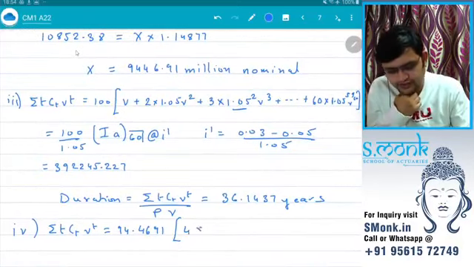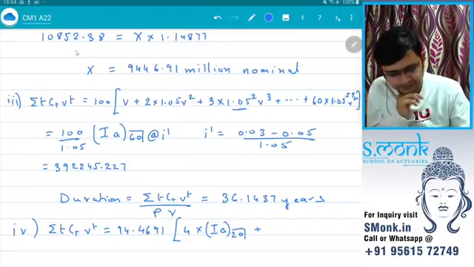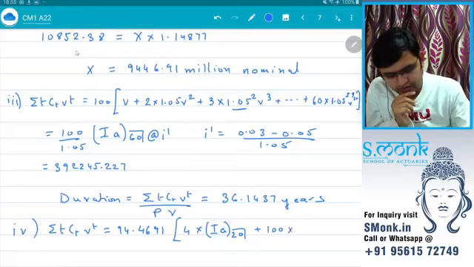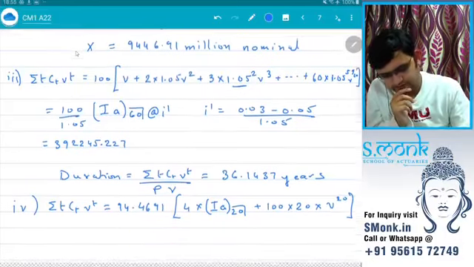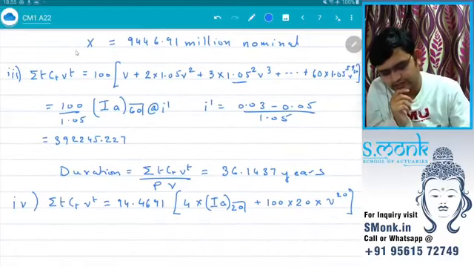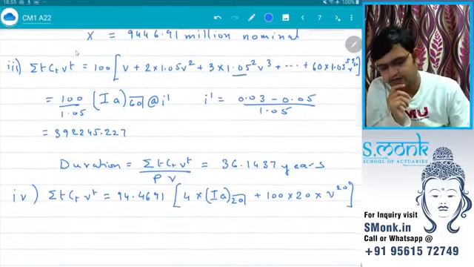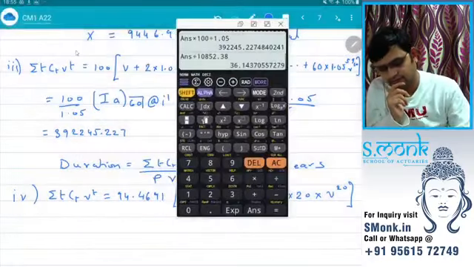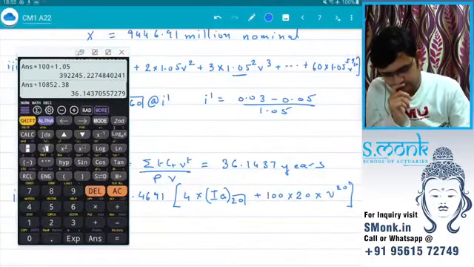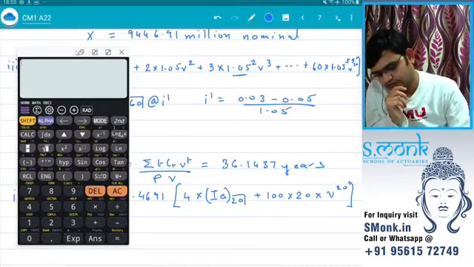This becomes now 4 into IA for 20 years plus 100 into 20 into v raised to 20. Again, this was per 100 nominal, that is why I multiplied 94.4691. Rate of interest is 3%.